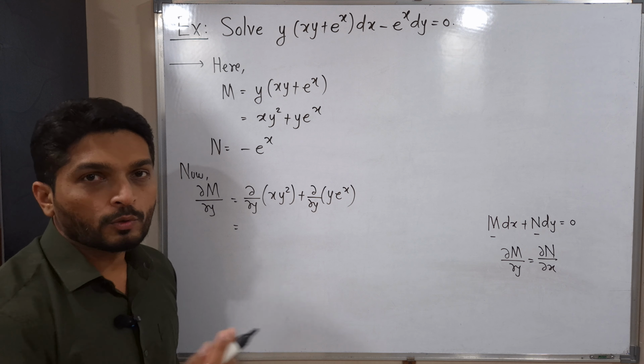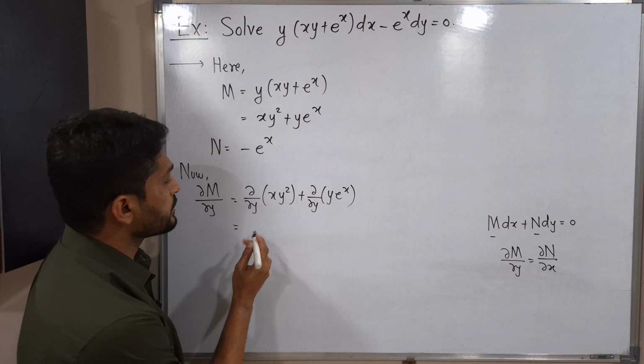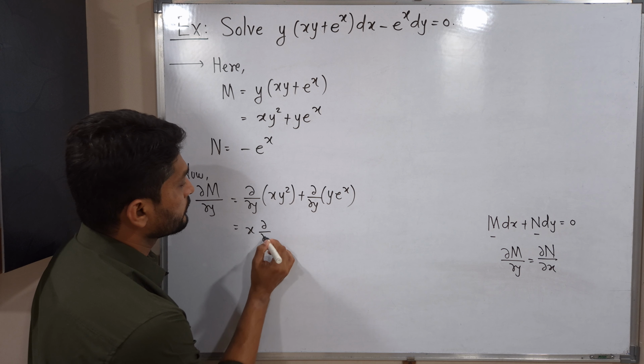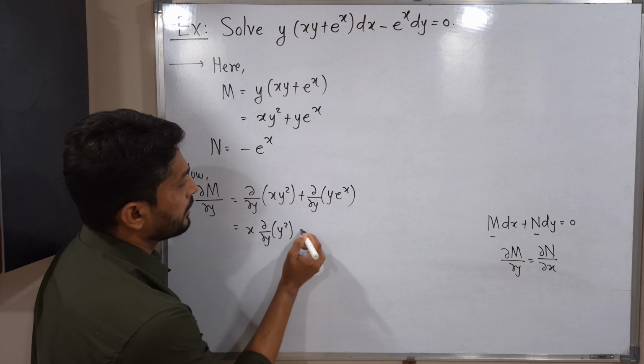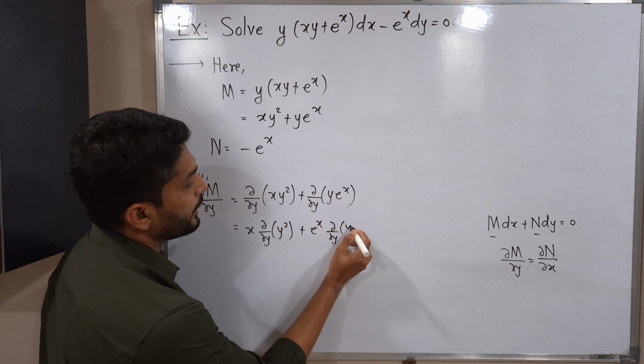Generally, constants we take outside, so the differentiation will be simpler. We are differentiating with respect to y, so x is constant and comes outside. Here e raised to x is constant since we are differentiating with respect to y, right?